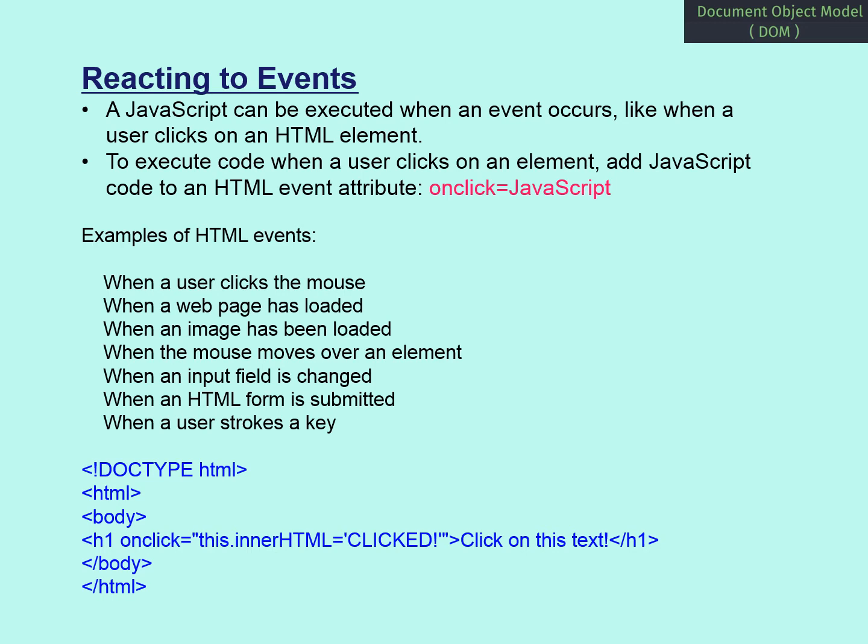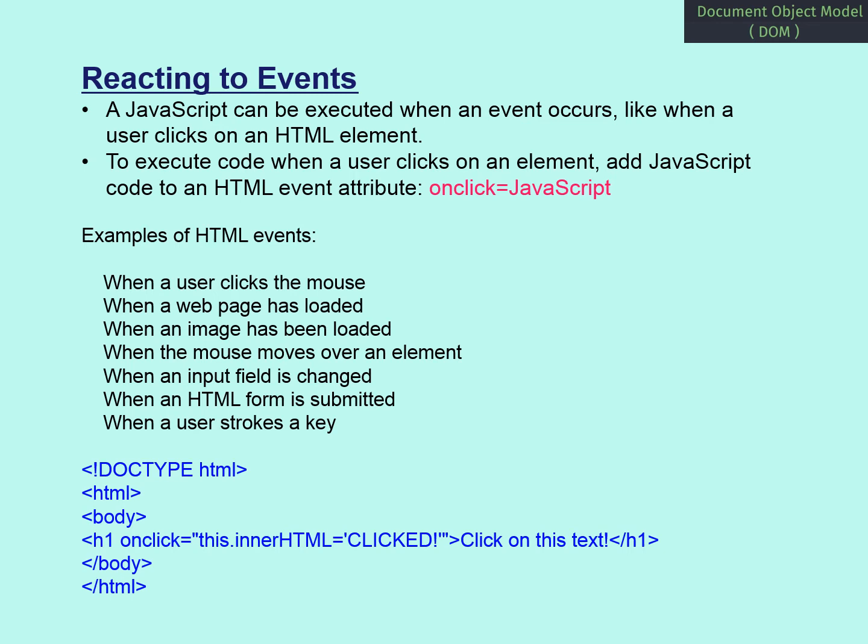To execute code when a user clicks on an element, we add JavaScript code to an HTML event attribute: onclick equal to JavaScript. We already saw examples related to the onclick event. If you are using onclick in your program, whenever you click on the corresponding HTML element, an event occurs.